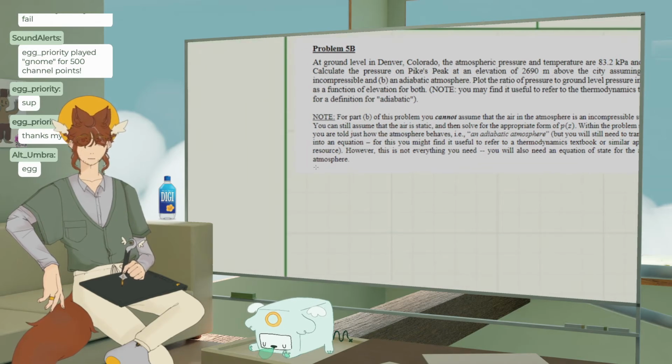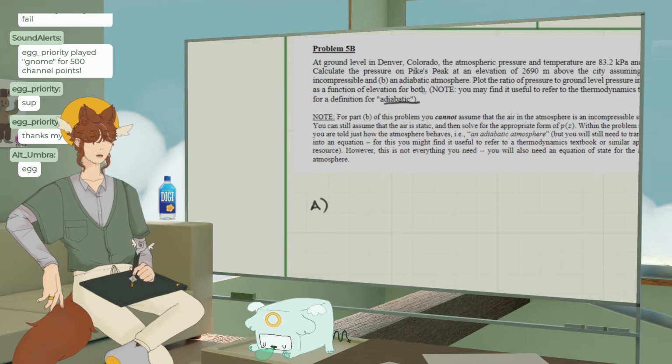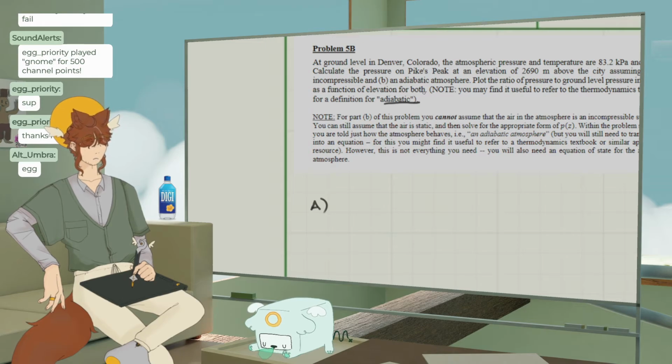Let's see. Okay, A is going to be a little easier, because we know what incompressible is. An adiabatic is a type of compression. I know that from thermo. And it means that it's a very quick compression that conserves work, I think.